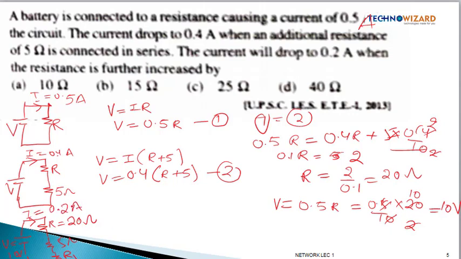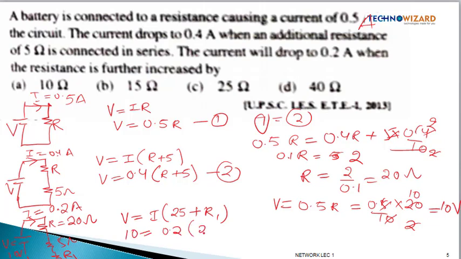So by simply applying the KVL equation, we'll obtain the value of R1, and that will be the answer. So equation will become V is equal to current into 20 plus 5 ohm, that is 25, plus R1. So voltage 10 is equal to, now the current value will become 0.2 into 25 plus R1.